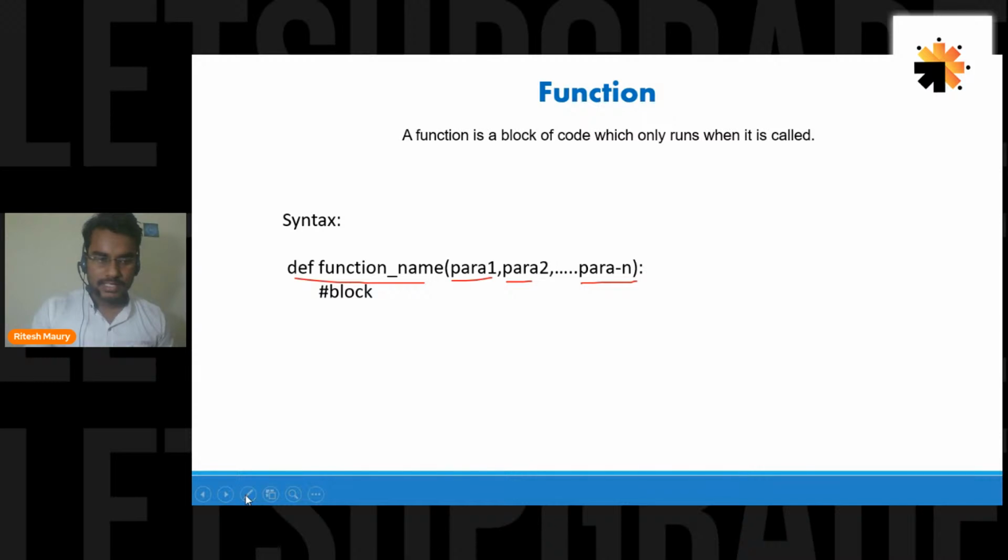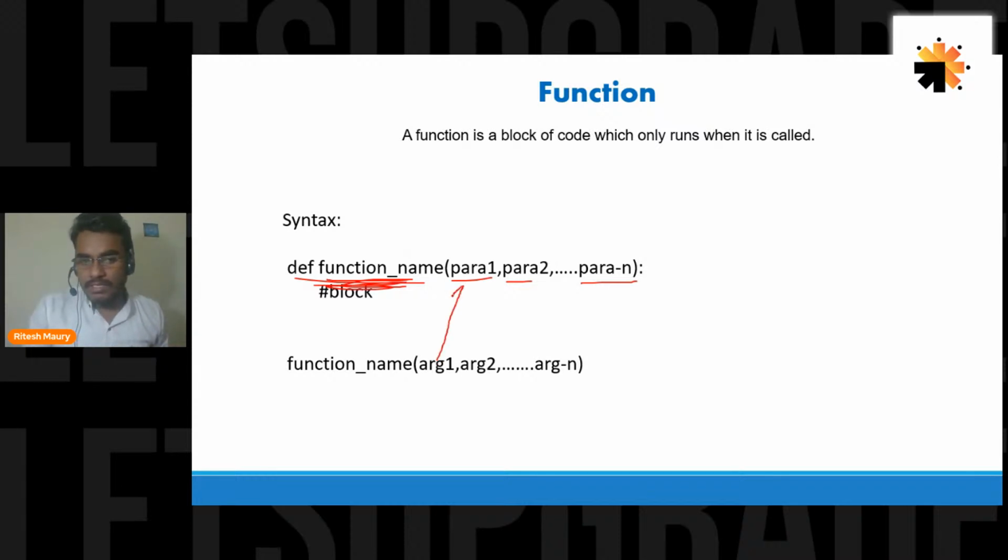This part is defining the parameters, and to call it, we just use the function name and pass the arguments. Arguments we are always passing, and parameters we are always defining.